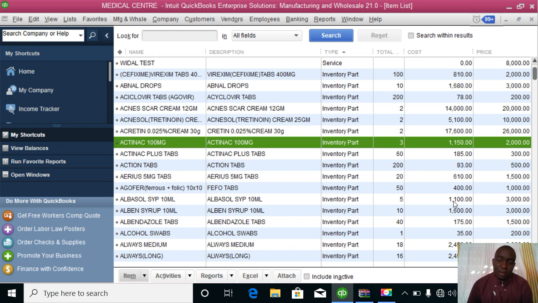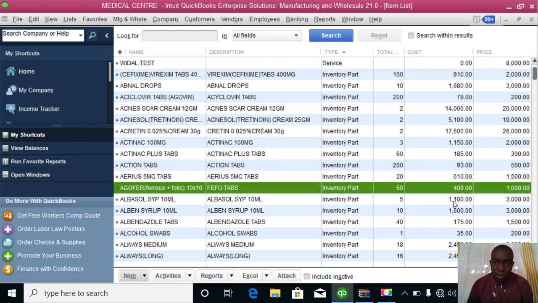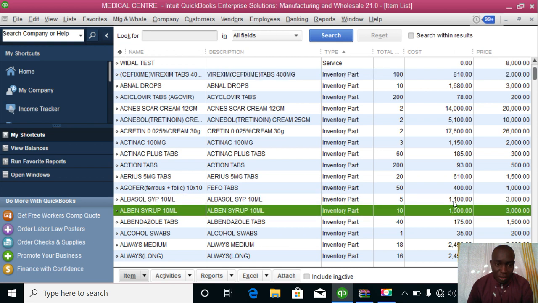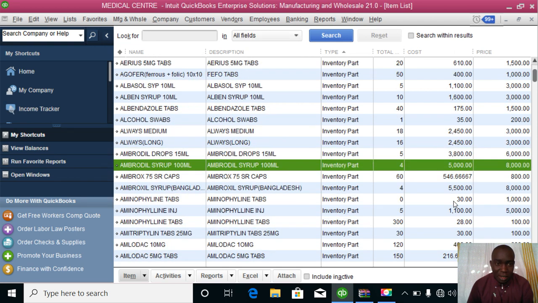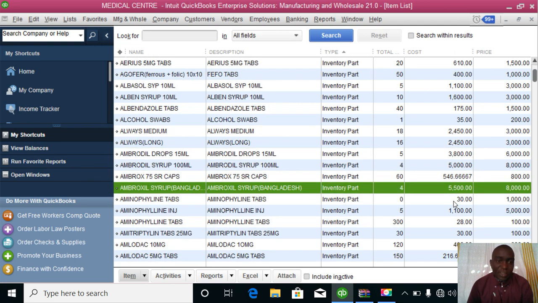So this keeps us more aware of what we have, so that the doctors can give first choice of prescribing the drugs we have. Then they can only write out prescriptions to go outside in case it's unavoidable.